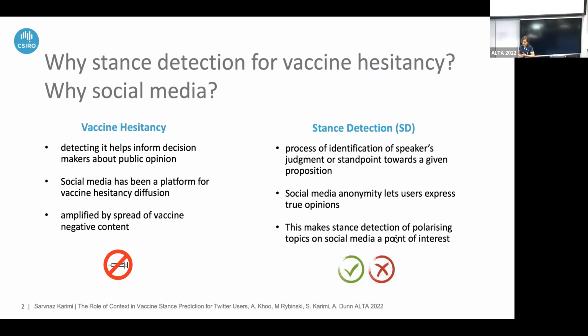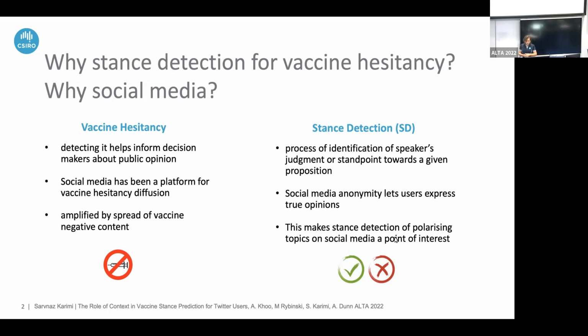So we're looking at this problem as a stance detection problem, which is basically the process of identification of a speaker's judgment or standpoint towards a given position. And given that in social media you could publish things in an account that allows you anonymity, it is very possible that people share content more freely than, let's say, in person.